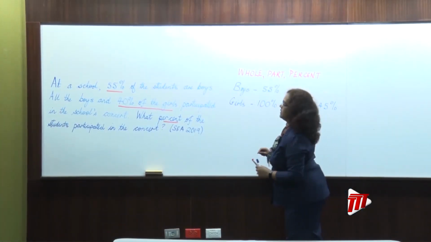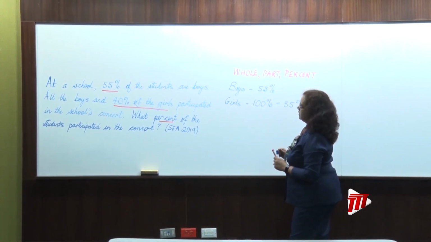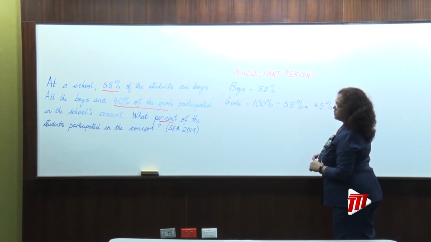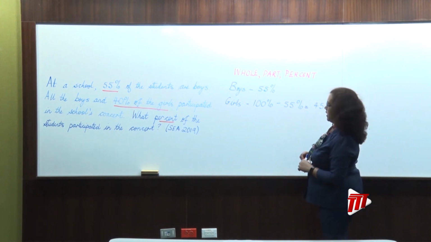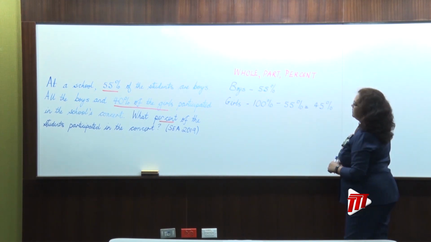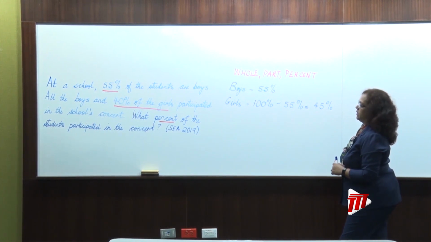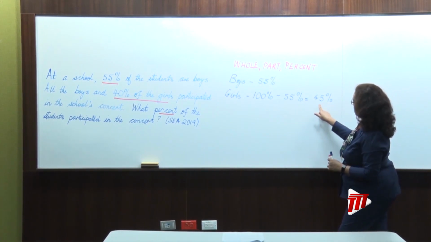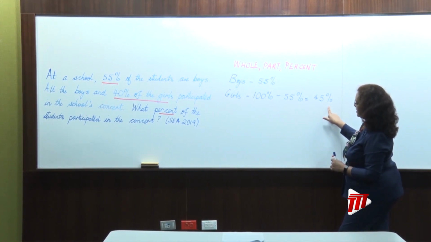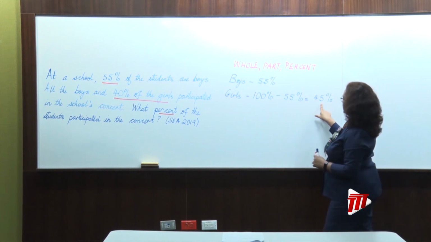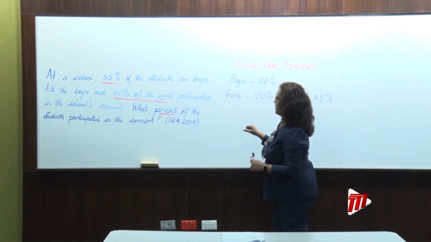The next line of the problem tells us all the boys and 40% of the girls participated in the school concert. So we already know what percentage of the boys participated. We need to find out what percent of the girls participated. So in this part of the problem, we are going to use this 45% as the whole number of girls, and then I'm going to find 40% of this.